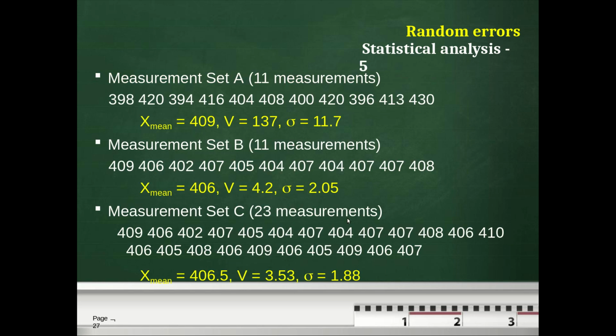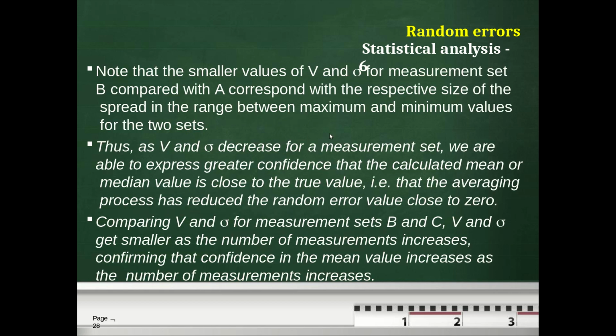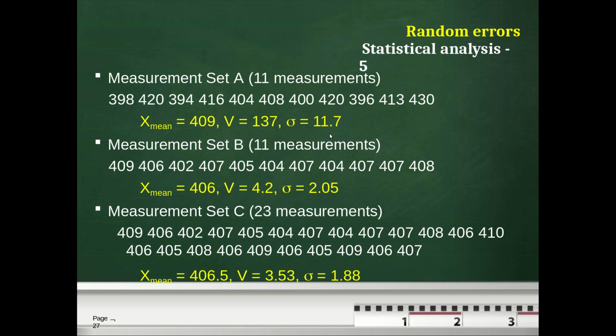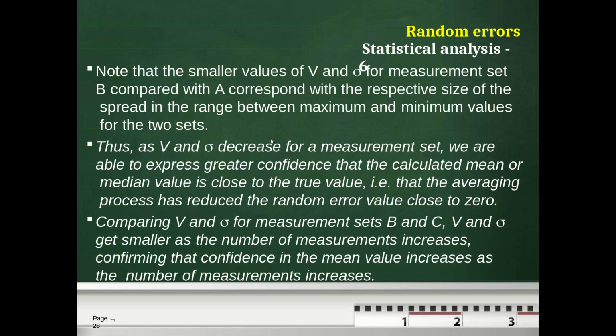Now you can calculate for set A, set B, set C all of these values, x mean, v, and sigma, to find how these values compare across each set of measurements, ranging between a maximum and a minimum.